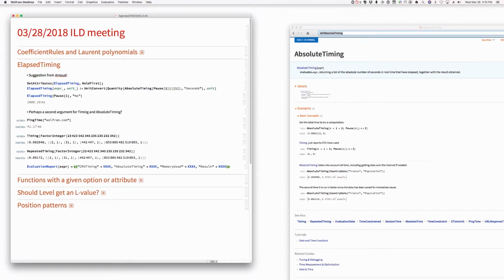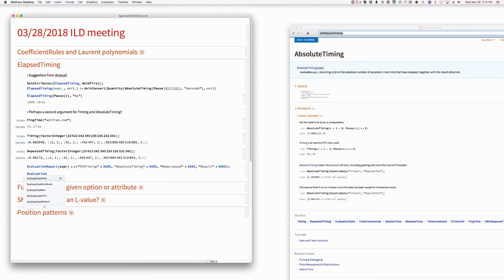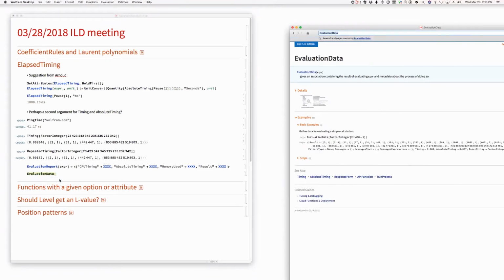That seems like it might be a useful thing. I mean, that's the question, is whether that would be... now how does that relate to evaluation data, which is used in... how does that relate to this?